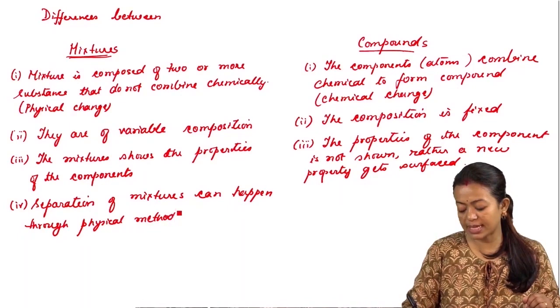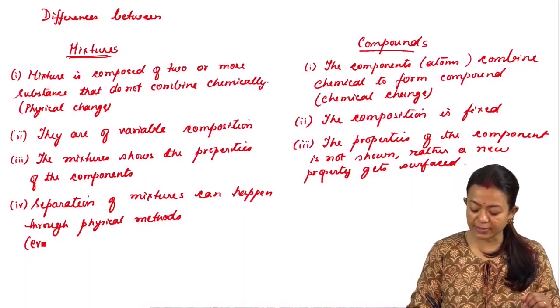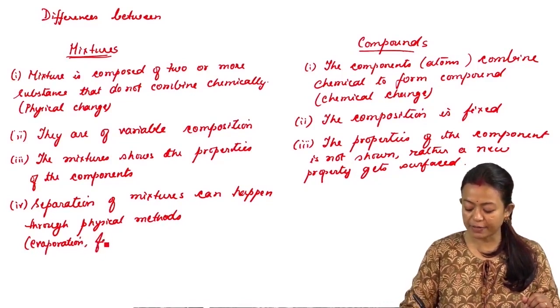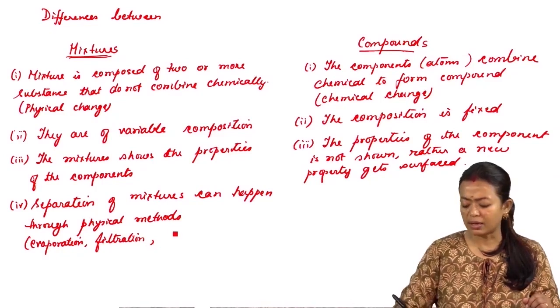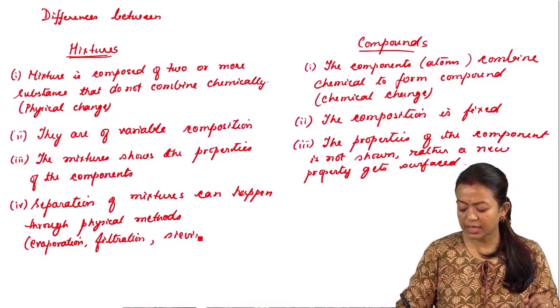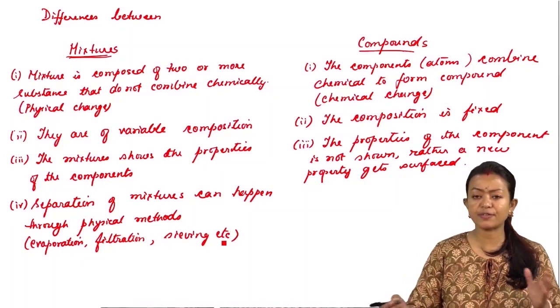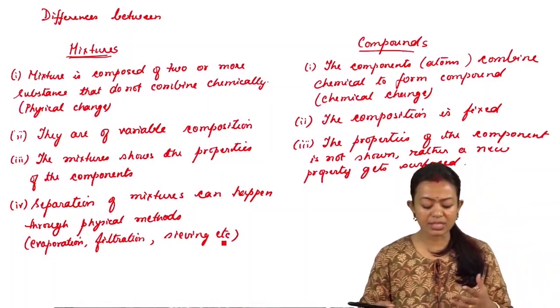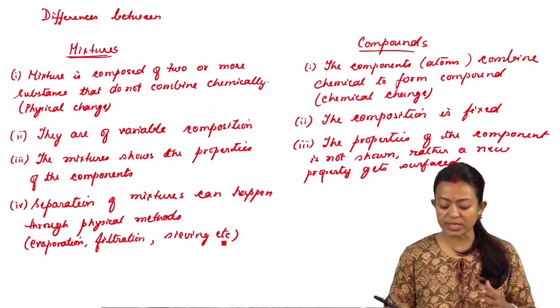Through physical methods, that is possible. So when I'm saying physical methods, it can be evaporation, it can be filtration, it can also be maybe sieving, etc. There can be many different kinds of methods that can be taken up in order to separate them.